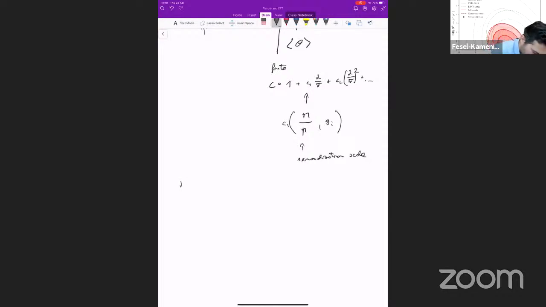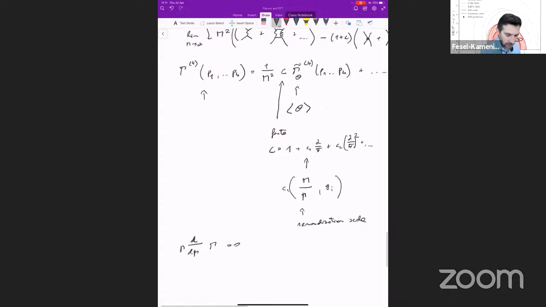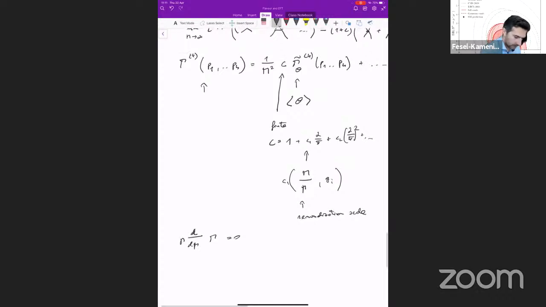So we can write the condition that mu times d over d mu of the Green's function has to vanish, okay? And the Green's function in the effective theory is just the product of the matrix element of the local operator and the Wilson coefficient, okay?